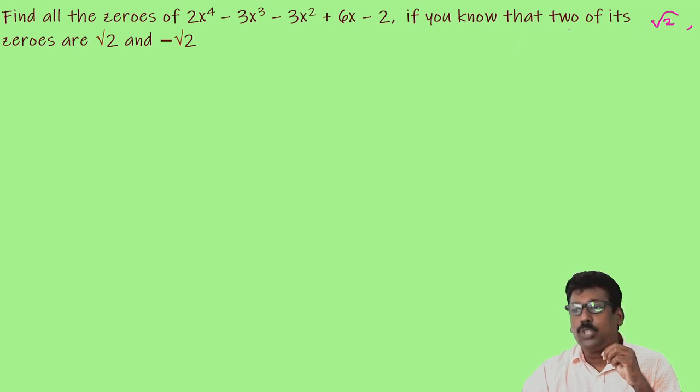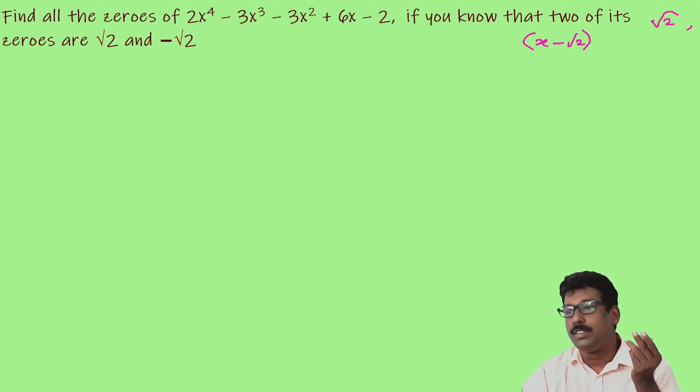If root 2 is a zero, you can say x minus root 2 will be a factor of the given polynomial. And if negative root 2 is the zero, what will be the other factor? Yes, of course it will be x plus root 2.